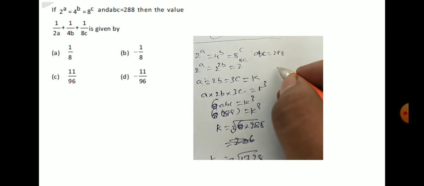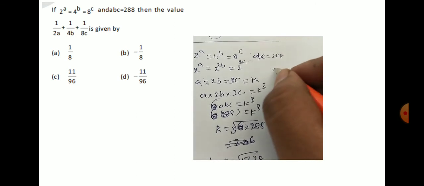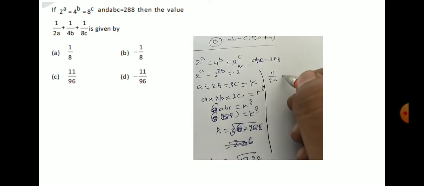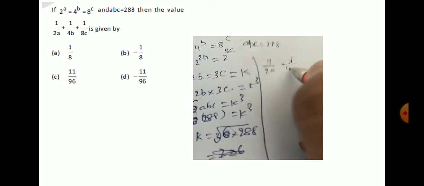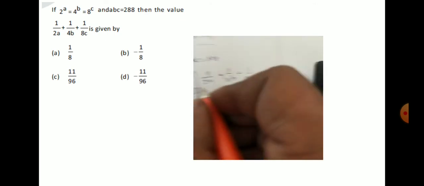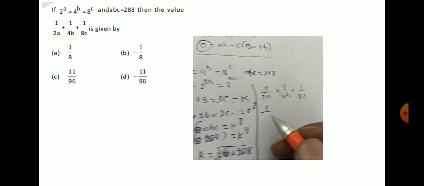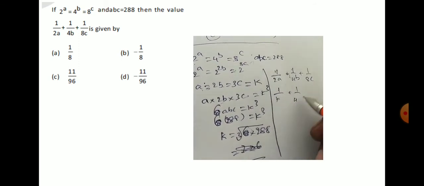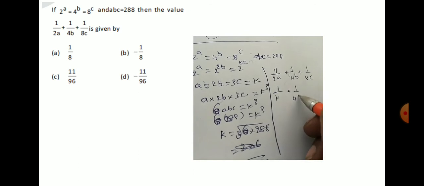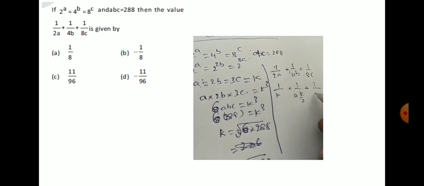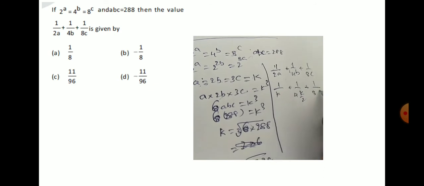Here, what they're asking is to find the value of 1 by 2a plus 1 by 4b plus 1 by 8c. That means 1 over a means k, plus 1 by 4b. b is nothing but k by 2, plus 1 by 8c. c is nothing but k by 3.